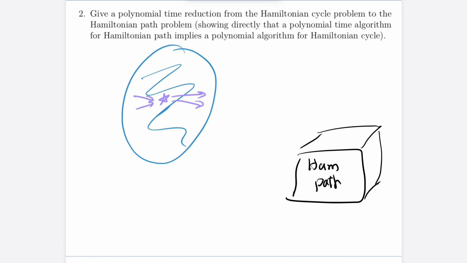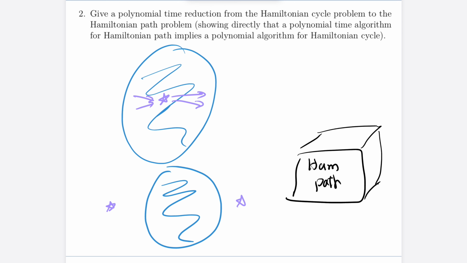I don't know what middle means, but I imagine making some auxiliary graph where I make two copies of this vertex I removed, and this copy will only have the outgoing edges. And then this one will have the incoming edges. Okay, so this is some vertex V, and now I have V out and V in, right? And if in this auxiliary graph there is a Hamiltonian path, it's kind of crawling all around.